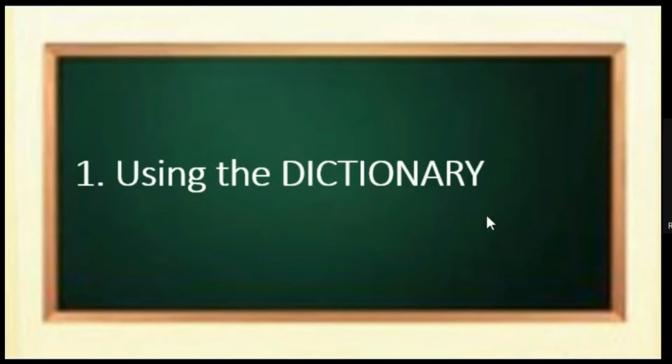If you are unable to understand a certain word, most of your teachers will tell you to read the sentence again and find clues from the sentence, or what we call context clues. But there are times that we encounter words that even if we read the sentence 2 or 3 times, we still cannot understand the meaning through context clues. So that's the time that we get the dictionary and find the meaning of the word.